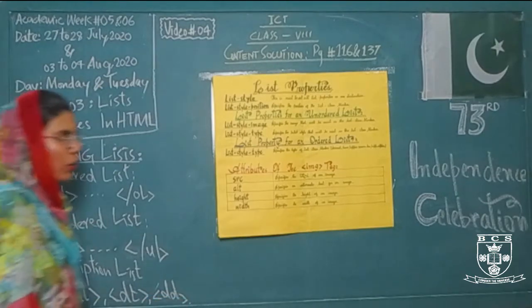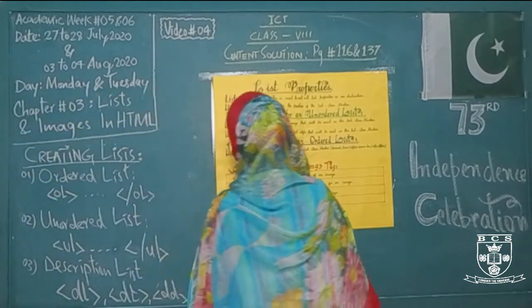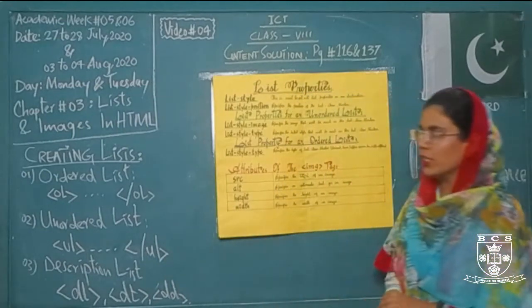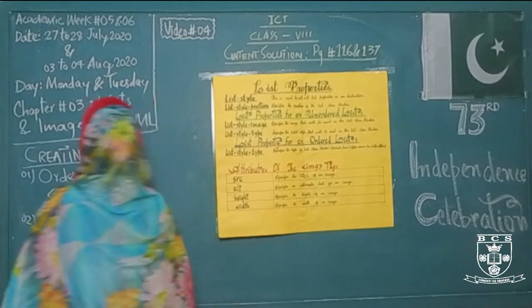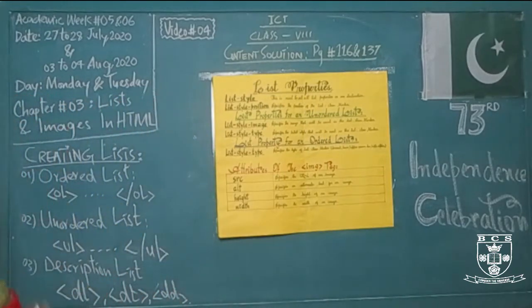Whenever we are talking about lists in HTML, there are three different categories of lists that we can use. The first of them is the ordered list. What is an ordered list?